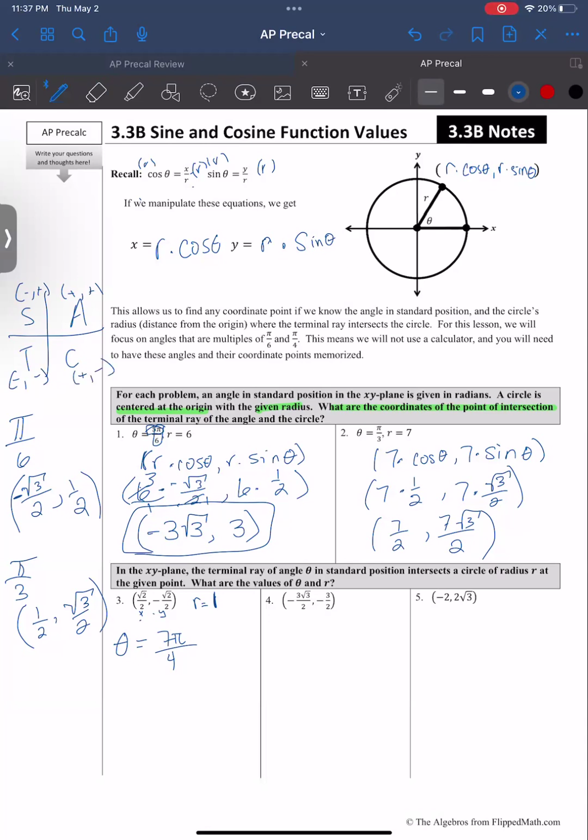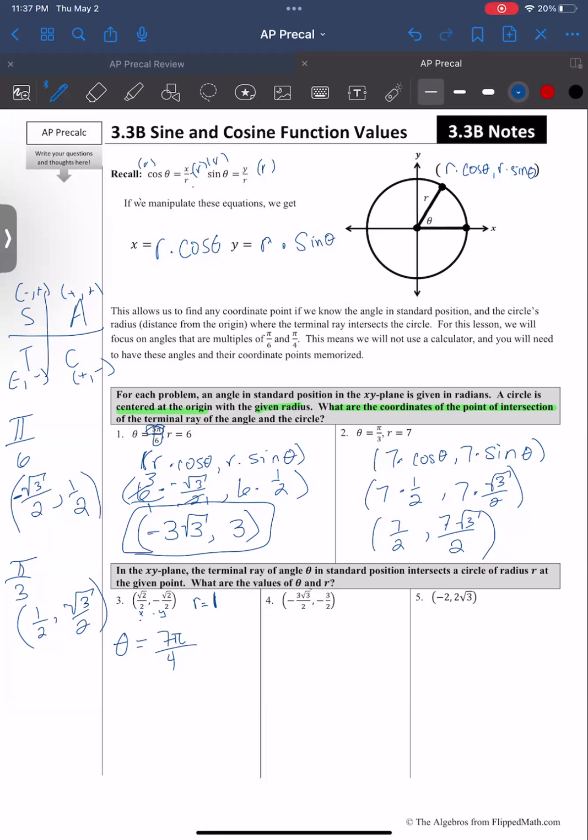So those are your x and y values for each coordinate, okay? I think it's good to visualize both the All Students Take Calculus as well as the little coordinate showing which one is positive and which one is negative. So now back to this one.